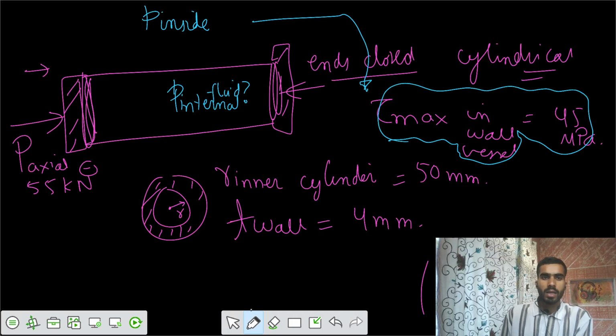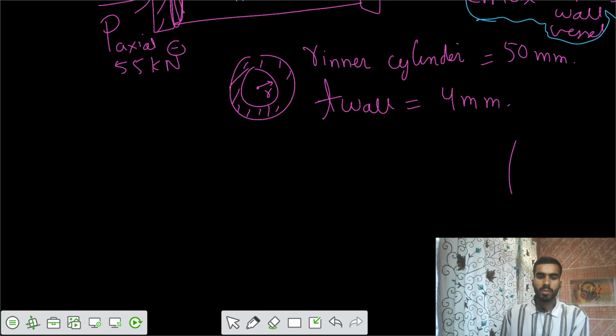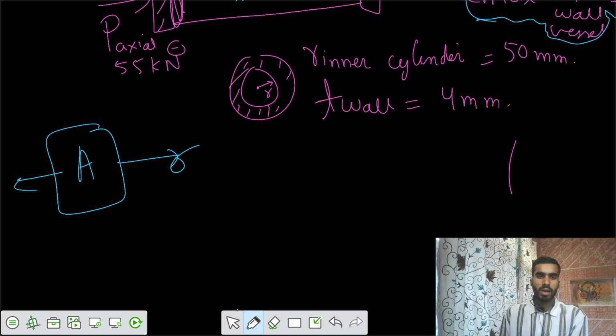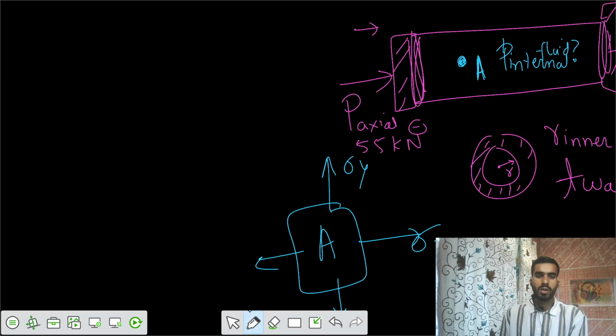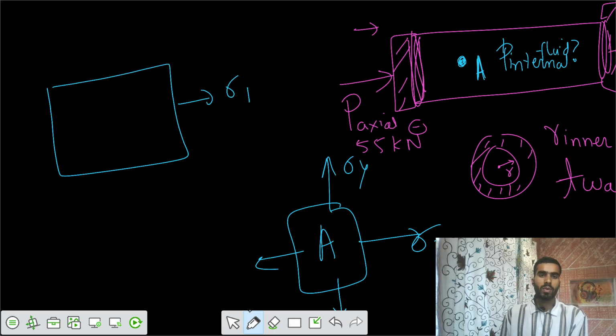If you take any point A from the inside of the material, there might be some sigma x acting and some sigma y acting, and for the in-plane stress condition we have two stresses, sigma 1 and sigma 2.